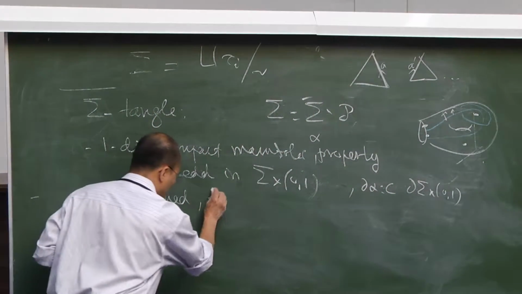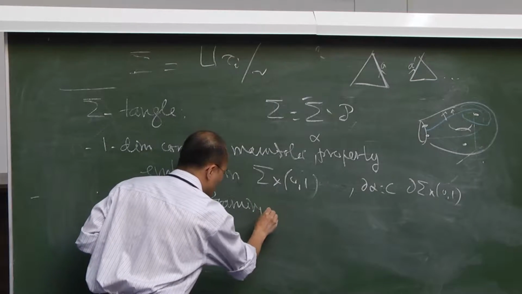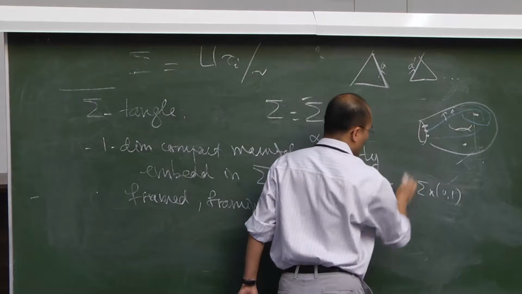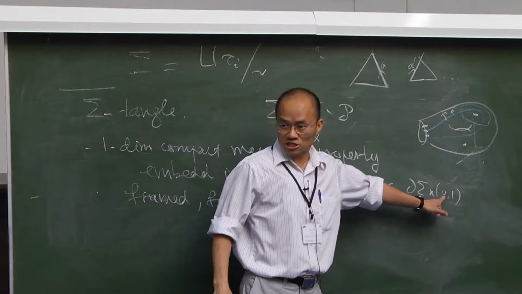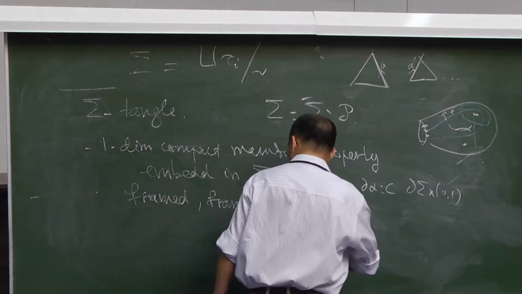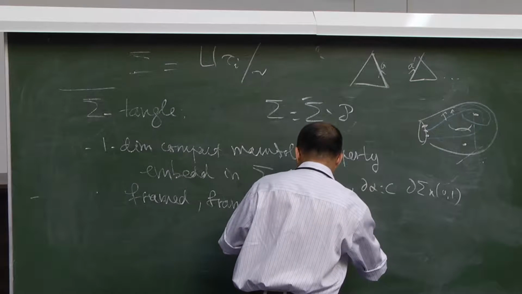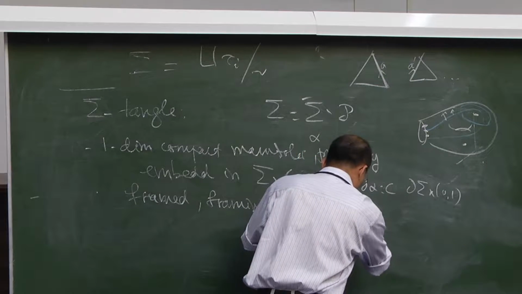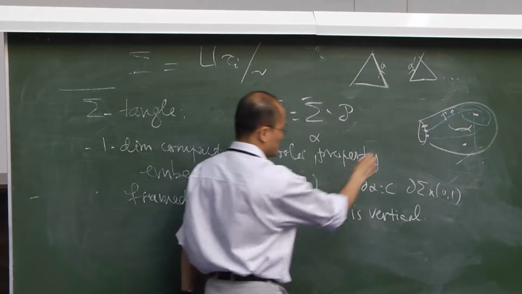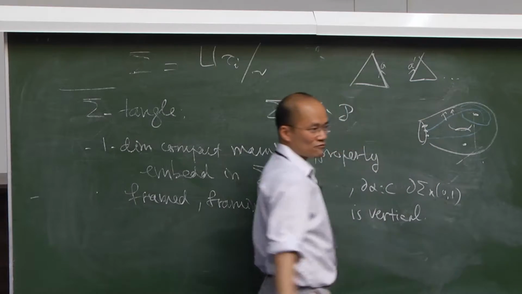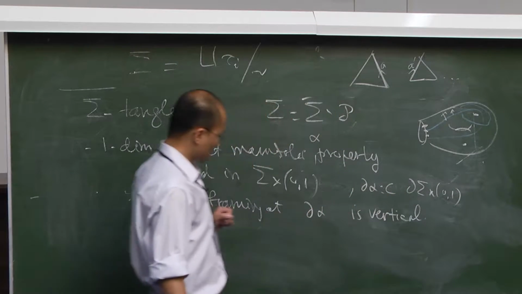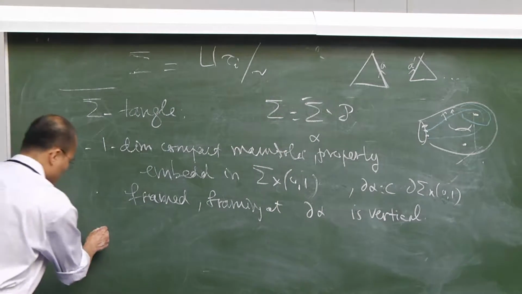But the framing at a boundary point, the framing at the boundary of alpha, is vertical, just along the direction of this interval [0,1]. Okay, so at the boundary of alpha, they're just perpendicular to the boundary here and pointing along the direction of [0,1]. Okay, so that is second.